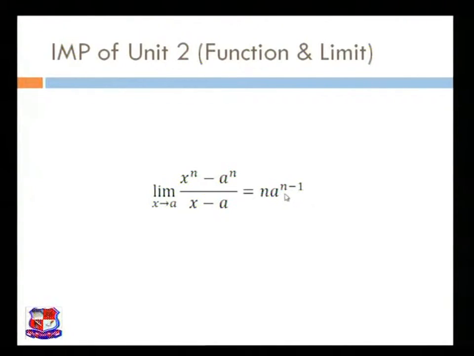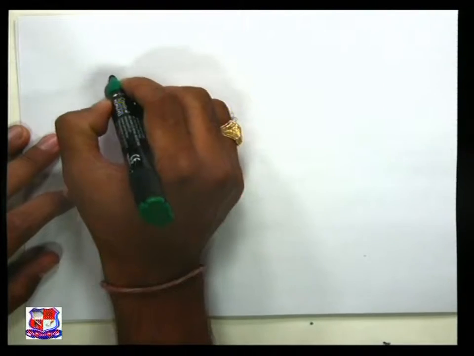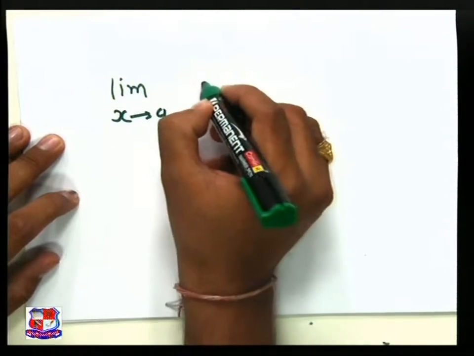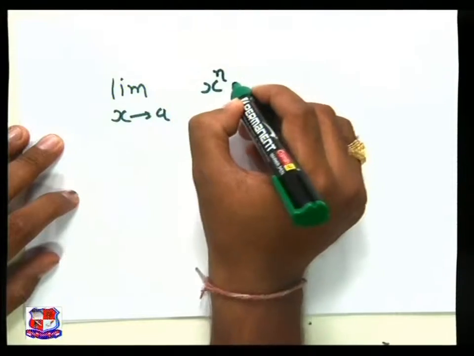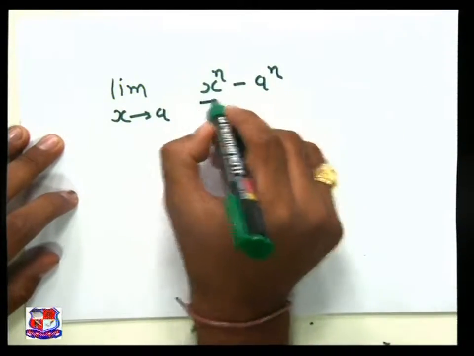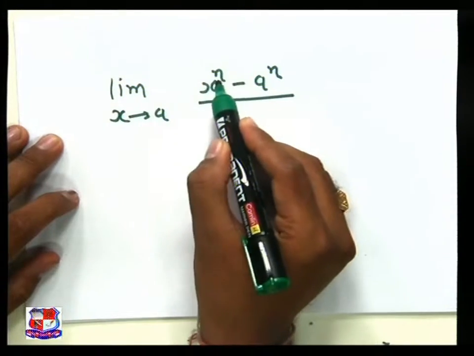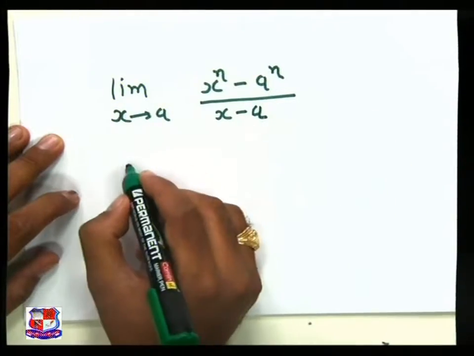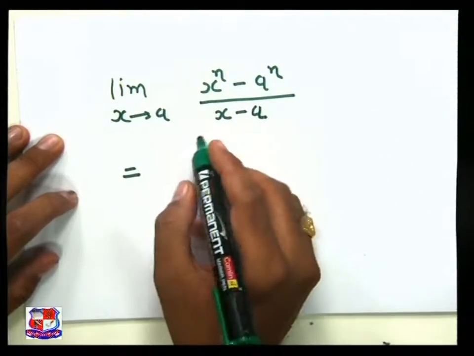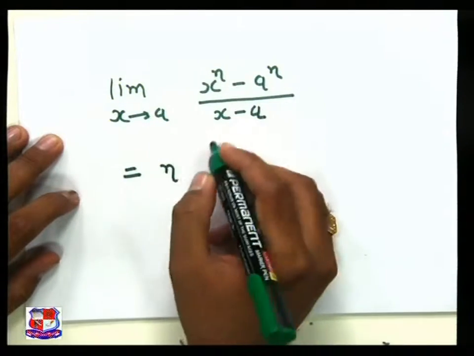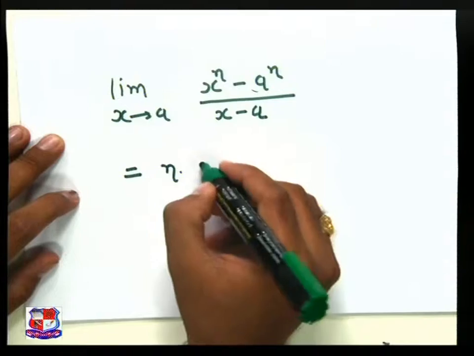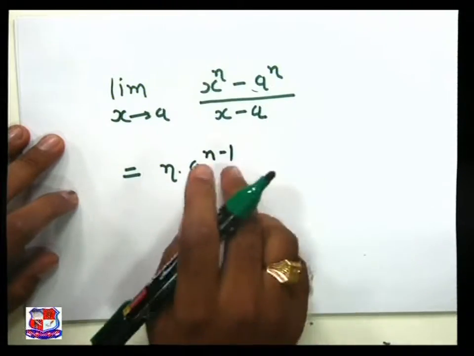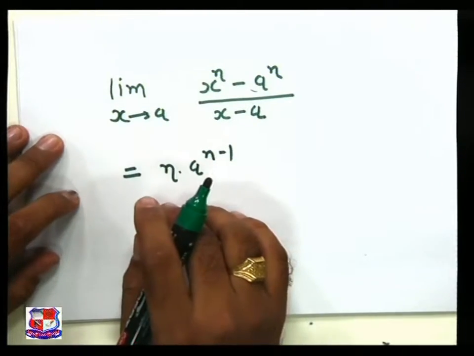So we write our formula here so we can remember it: limit x tends to a, x raised to n minus a raised to n divided by x minus a, the terms without power, that is x and a. We can write our answer, that is nothing but n into a, with power n minus 1. So we use this formula for solving the next problem.